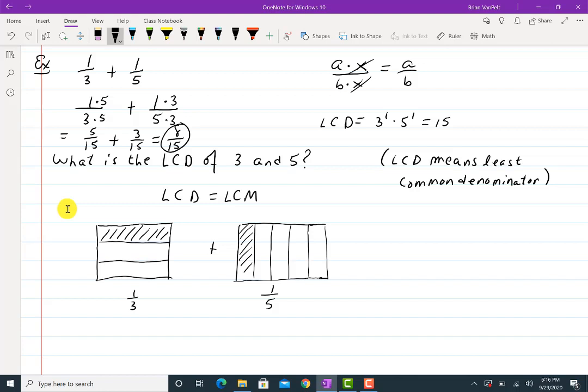So what I can do, watch this. If I take the 1/3 and I add 4 lines in it, if you look, I now have 15 little rectangles or squares there, right? And we can see that there's 5 of them.